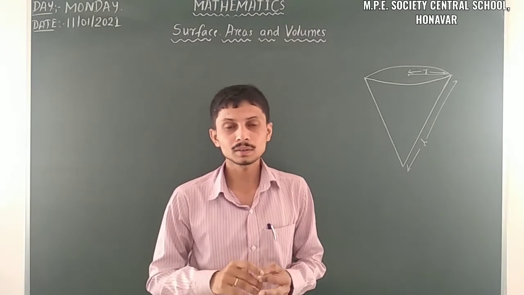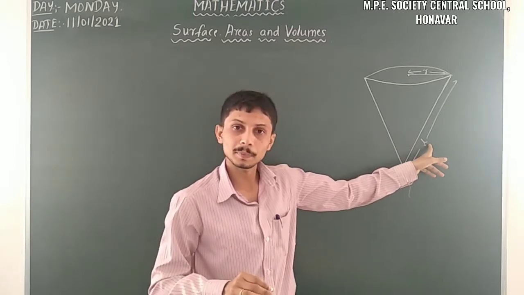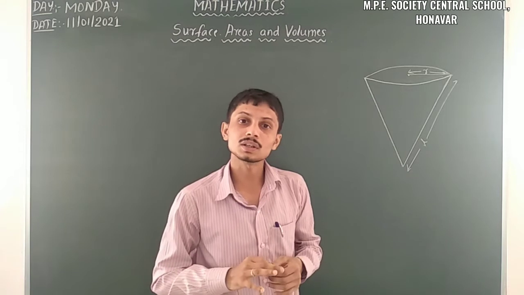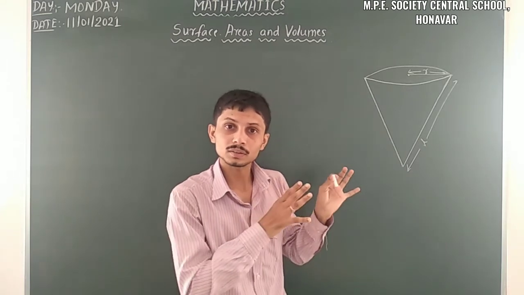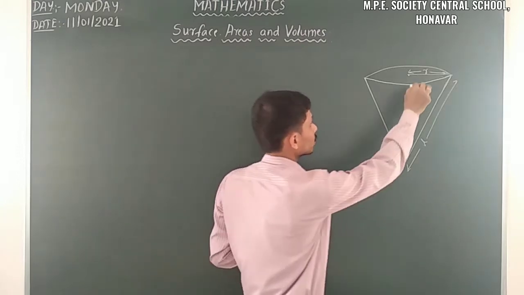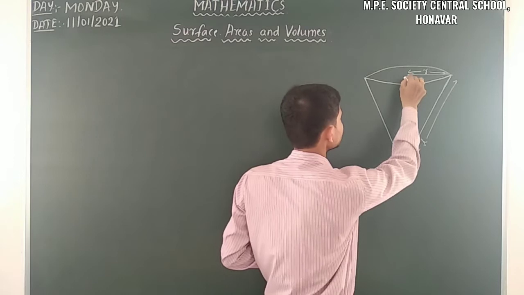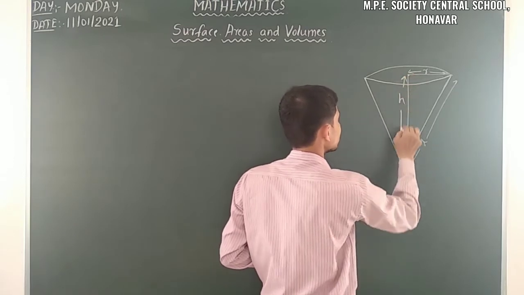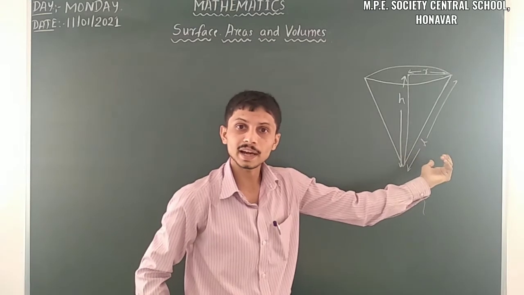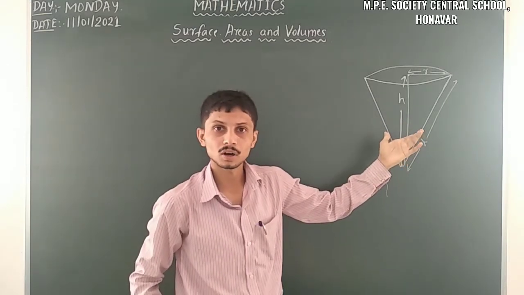Sometimes the value of L is given and the value of R is given, which means we can easily solve the problem. But here another quantity is there, that is the height of the cone, H. Instead of the slant height L, the value of H is given.